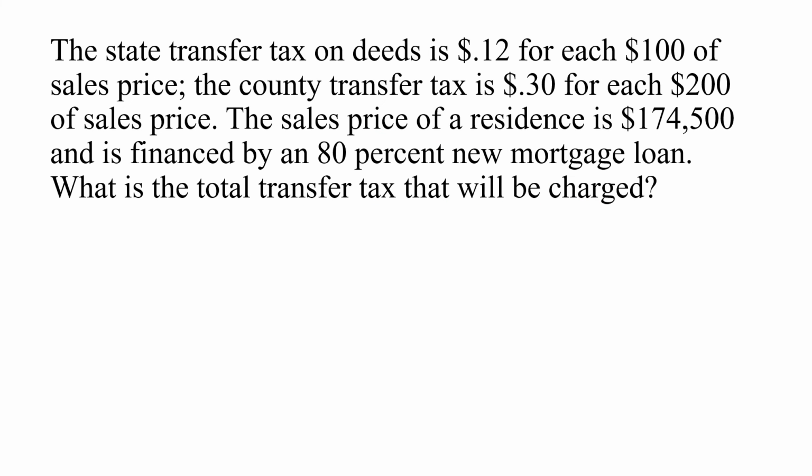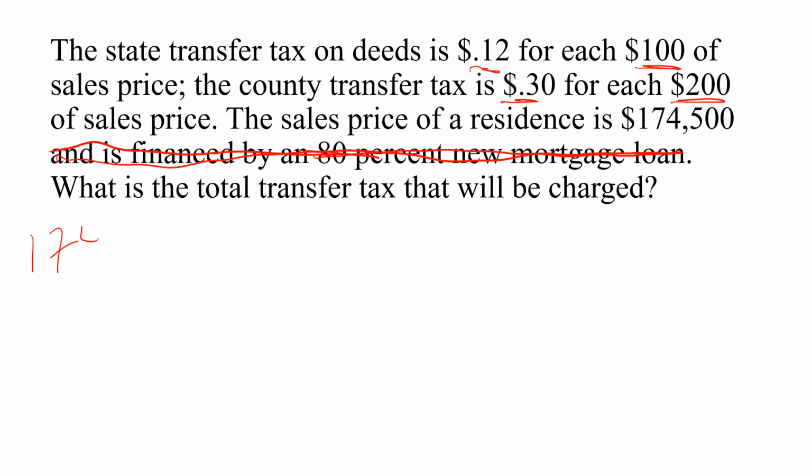The state transfer tax on deeds is 12 cents for each 100 of the sales price. The county transfer tax is 30 cents for each 200 of the sales price. The sales price of a residence is $174,500 and is financed by an 80% new mortgage loan. What is the total transfer tax that will be charged? Okay, we've got to work two problems again because we have 12 cents on every 100 and 30 cents on every 200. So we take our full amount. The mortgage does not matter in this question. It's just extra noise.